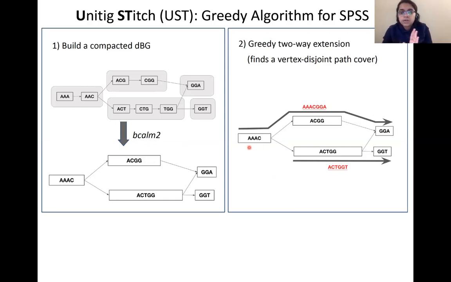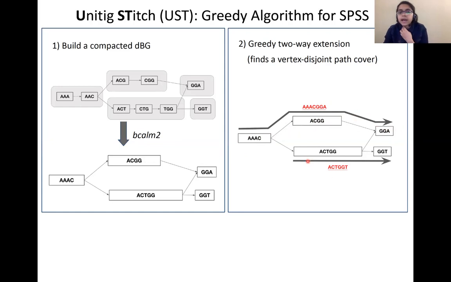In this example, let's say we first start with AAC, and then we try to extend it, and there are 2 ways to extend it. Let's say we go with ACGG, and then we extend it with GGA, and now that we've hit a dead end, we have to output the path and its corresponding spelling, which I've shown here in red.